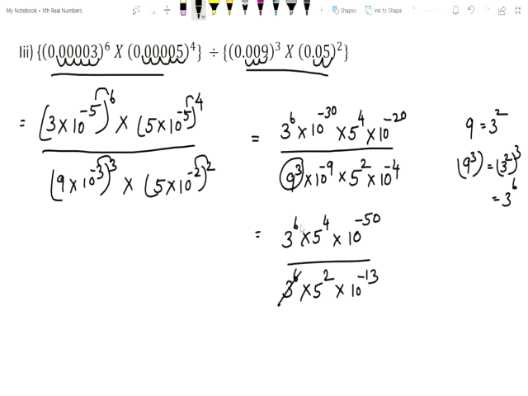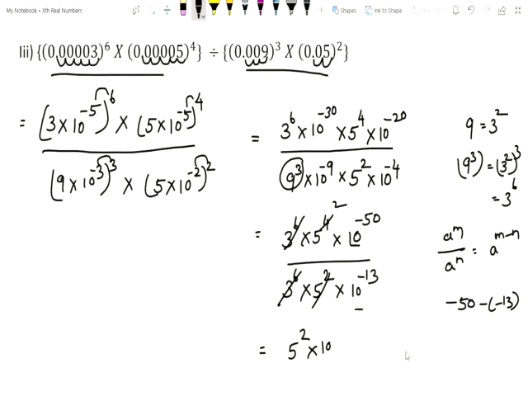Now 3 power 6 cancel. 5 square here, 5 power 4 is there. So you know that a power m by a power n equal to, you have to subtract the power. So 4 minus 2, what you will get? 2. So what is that? 5 square into 10 power minus 50. Okay. Here minus of minus 13. Here same base.